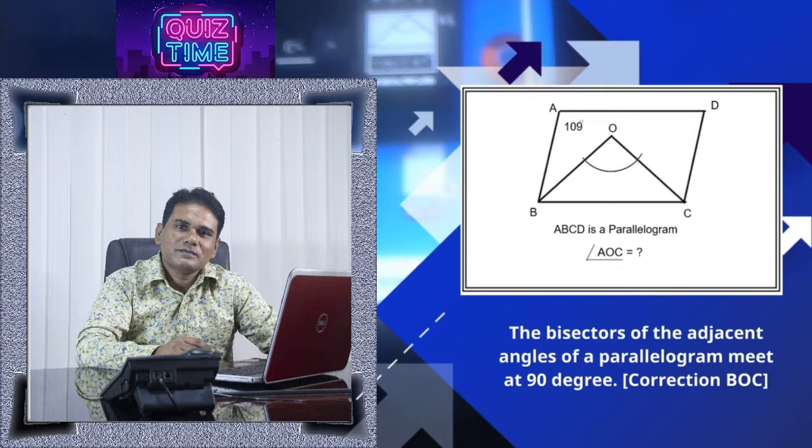Here, to know the value of DBC, you just have to find the value of the alternate angle of DBC, which is actually ADB.